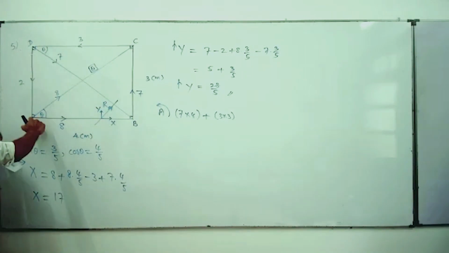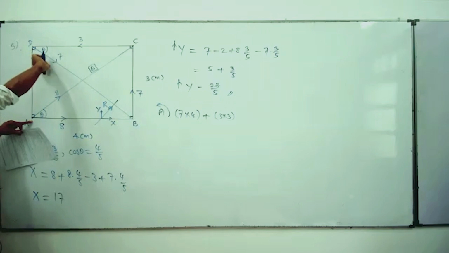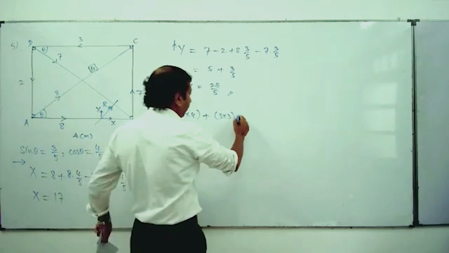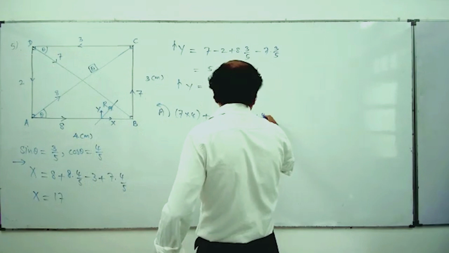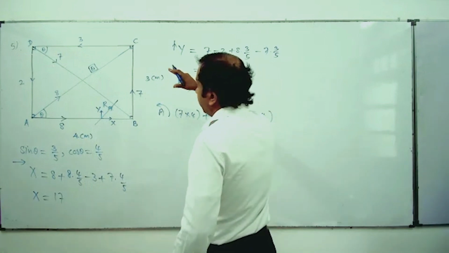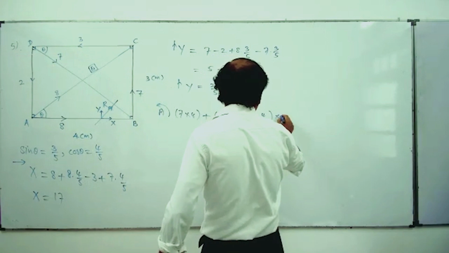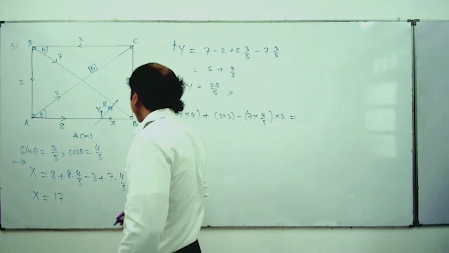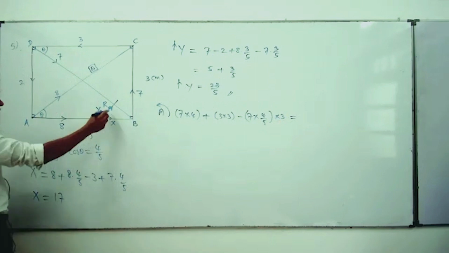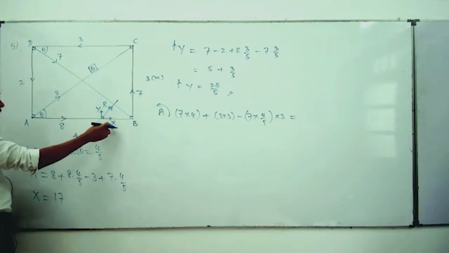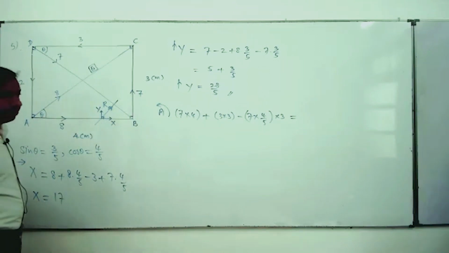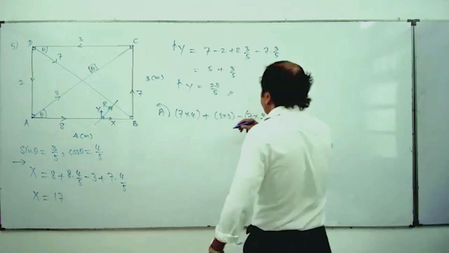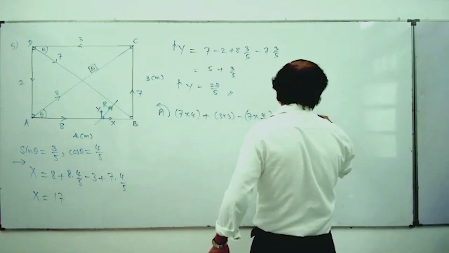The 7 sin theta component passes through A, no moment. 7 cos theta gives clockwise, no? 7 cos theta into 3, therefore it is minus, with cos theta 4 by 5. This should be equal to the moment made by this R. R also I have resolved into two components X and Y. X passes through A, no moment. Y, this length we will take as D. Y into D, Y means 28 upon 5, into D.